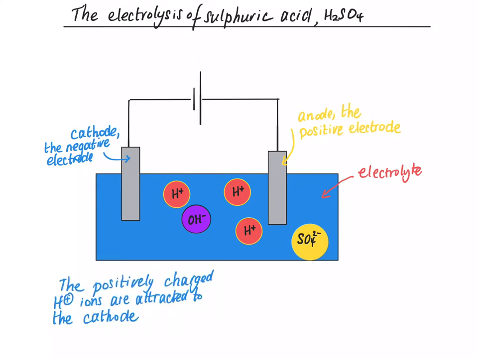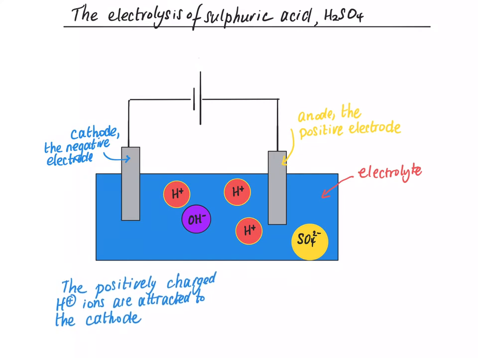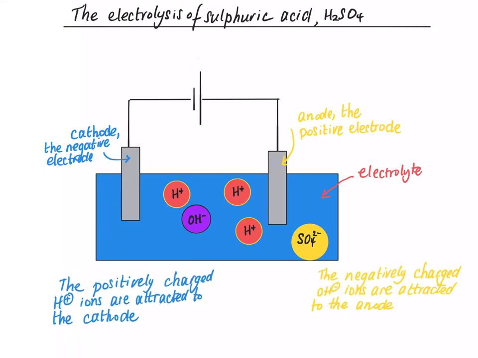When electricity is applied, the positively charged H+ ions are attracted to the cathode because the cathode is negatively charged. And the negatively charged OH- is attracted to the anode, which is positively charged.